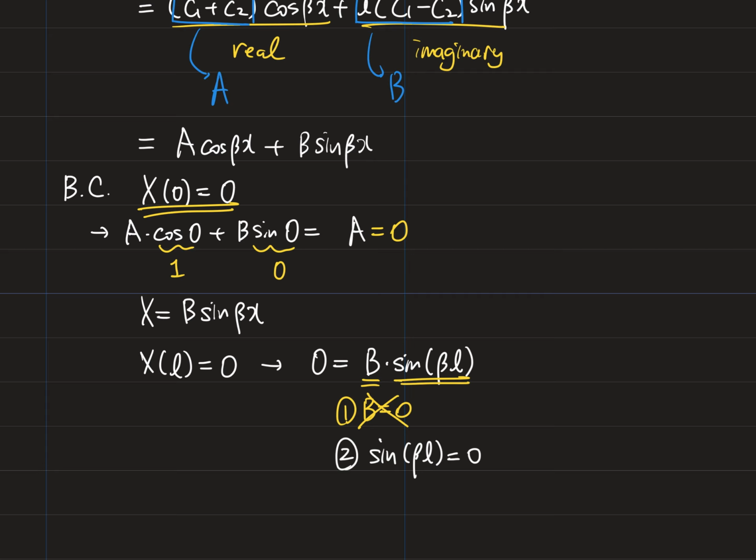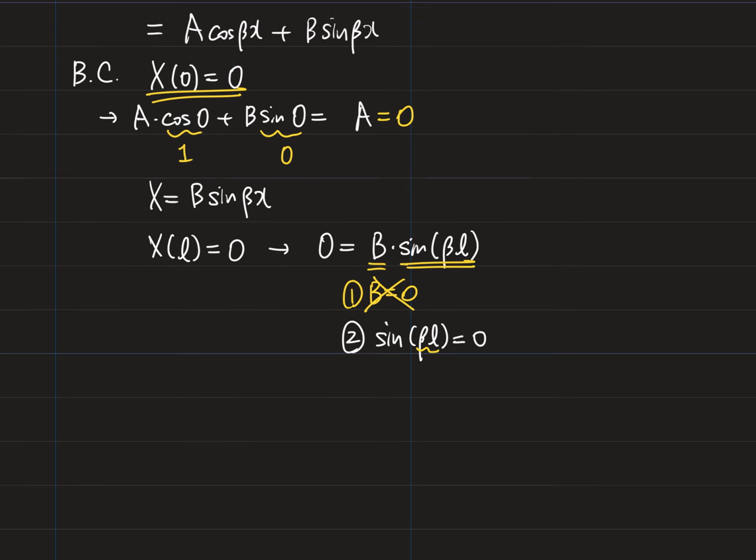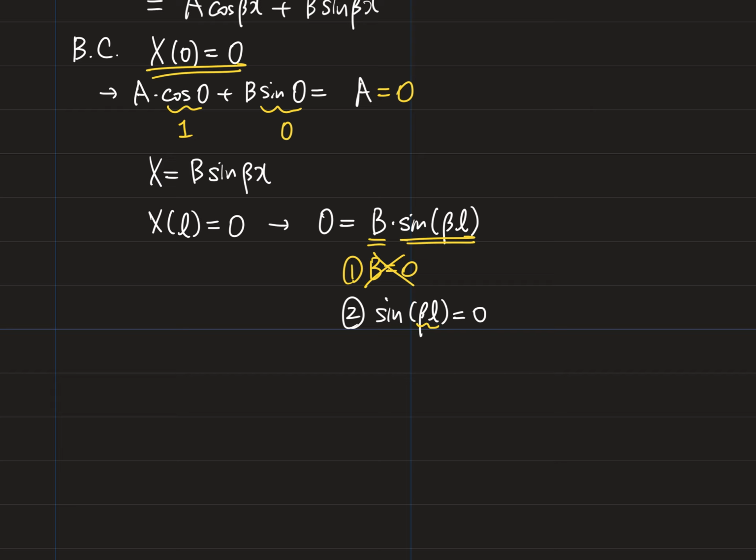So this only happens when the argument of the sine, the beta L, is the integer multiple of pi, right? If you recall the shape of sine function, it looks like something like this.